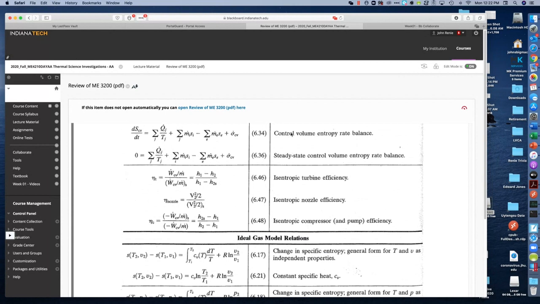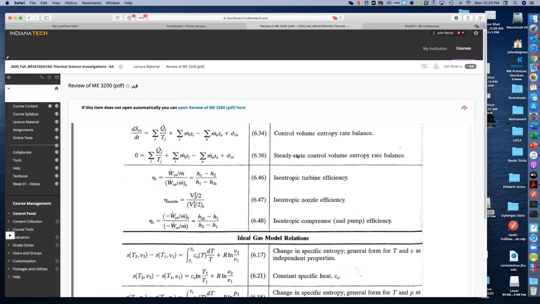Because it's a control volume, we have to account for the fluid passing in and going out, bringing with it entropy, some of which may accumulate, some of which may deplete. So we have these three terms, but we also have a production term. If there is irreversibility, there is an additional production of entropy during that process.